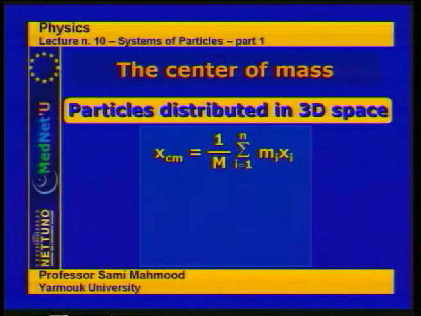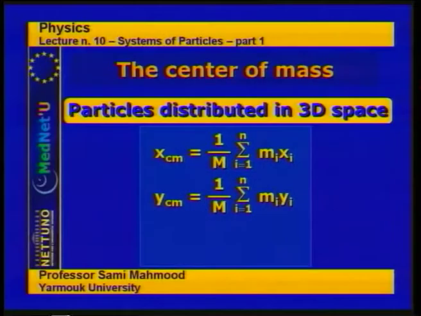Since we are concerned with the x components of the positions of the particles, that gives us the x component of the center of mass. And this is exactly the same result that we obtained previously for a system of particles lined up on a straight line.